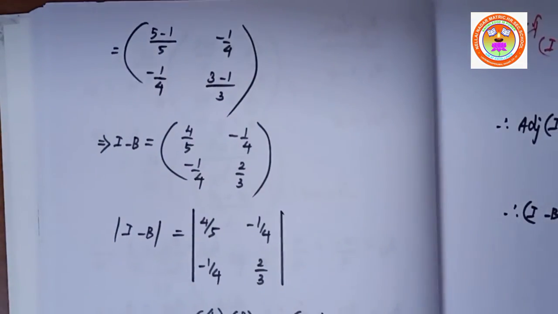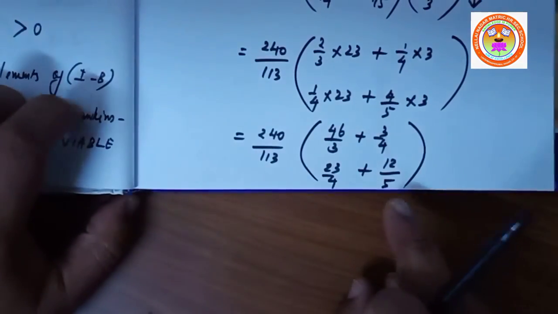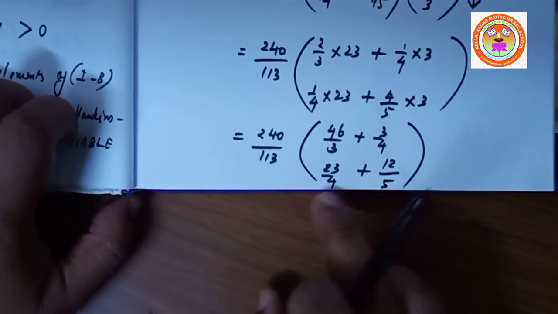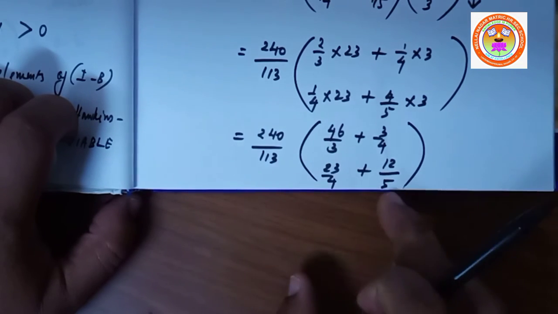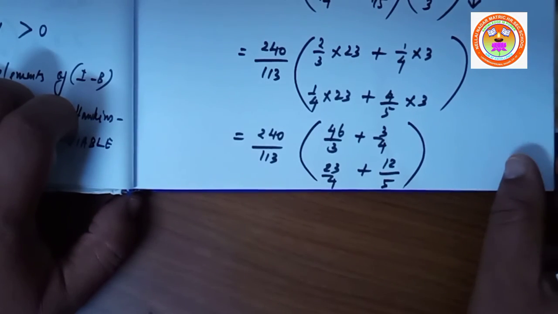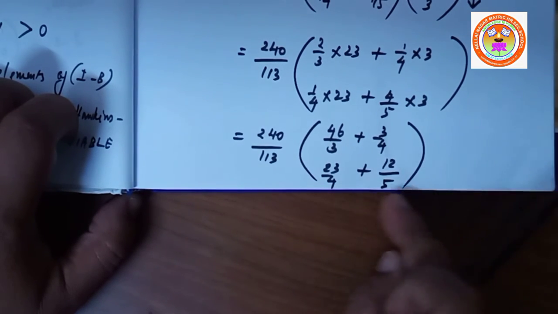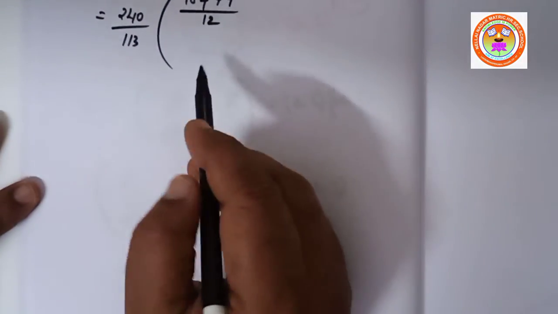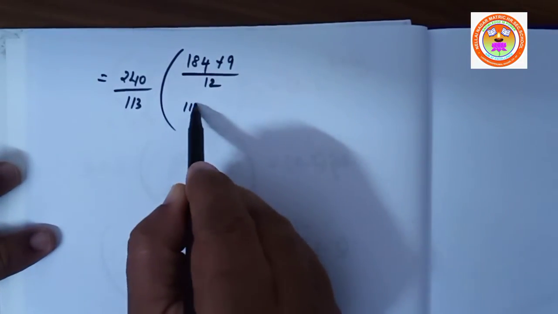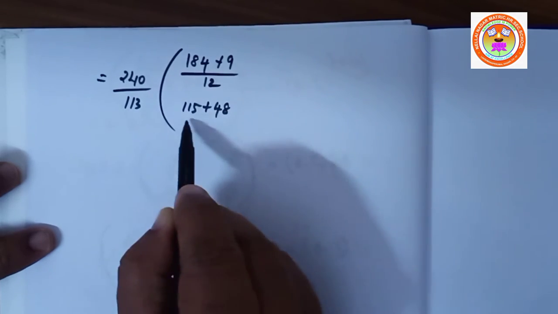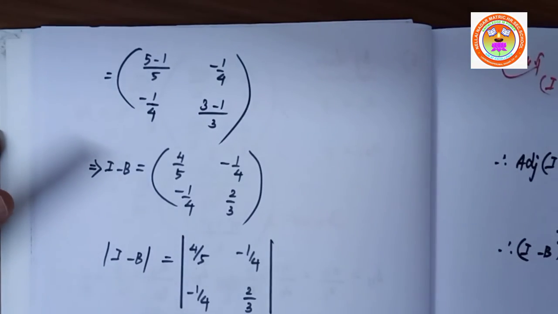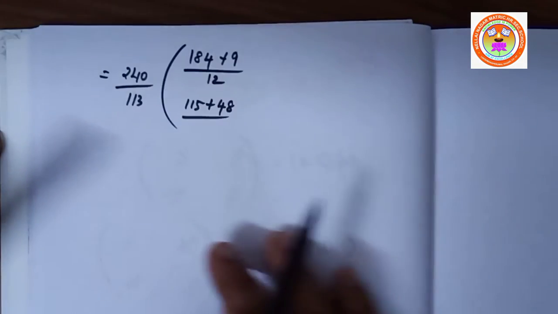The next one: 23, 4 and 5 have nothing common, so multiply these two. 23 into 5 is 115. 4 into 12 is 48, divided by 4 5s are 20.